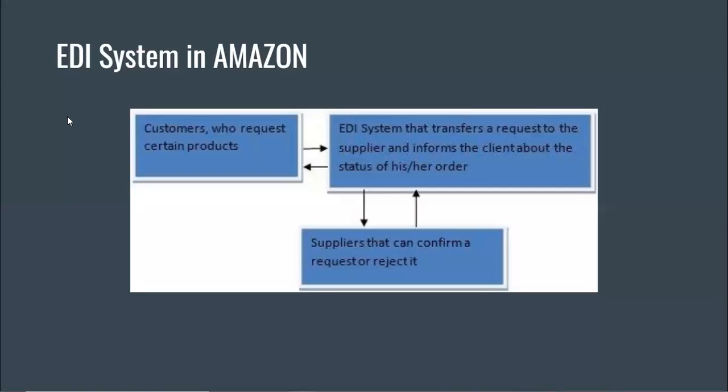So when the products arrive at Amazon's warehouse, they scan the product. Amazon will give the barcode, and then it will be scanned by the robots, and the data will transfer to the information system.